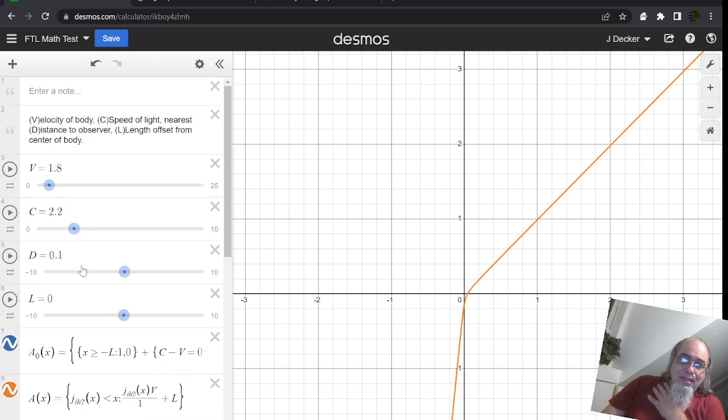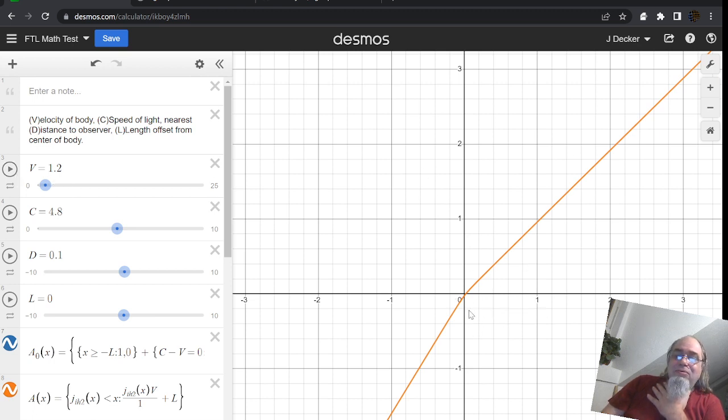See, but that's not exactly true. If the speed of light is faster, then I hit that going slower, because this is a native coordinate system that's based on a distance. This is 1 light second, so this is 1 second, and this is 1 light second.